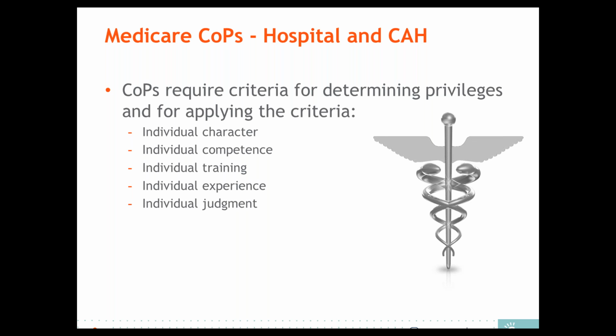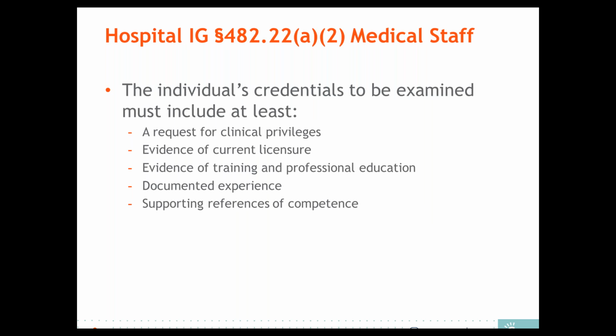Within a hospital, the criteria required to be evaluated for each individual who requests privileges are their character, competence, training, experience, and judgment. It's pretty easy to get things like documentation of licensure or find out where they did their training, but some of these other things like competence, judgment, and experience are sometimes more difficult to get. So we're going to cover some of those areas.